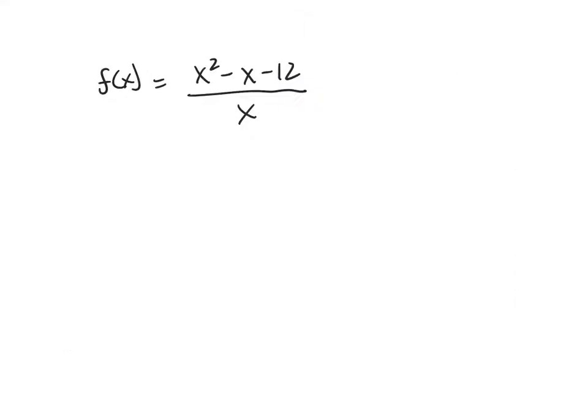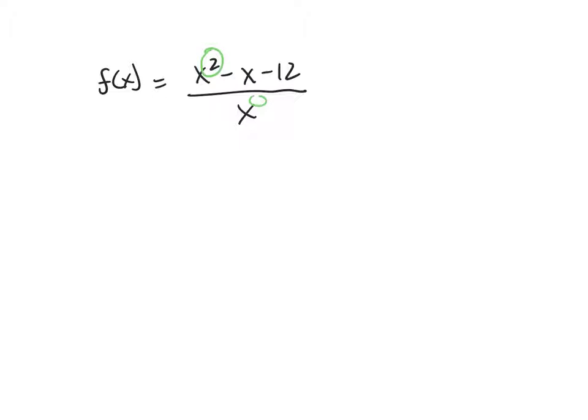Problem 1 is the rational function x squared minus x minus 12 over x. And before we do any real fancy math here, I want you to pay attention to the degrees of the polynomial. The numerator, the top function, is quadratic, meaning that the degree is 2.